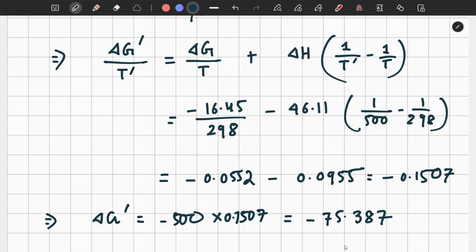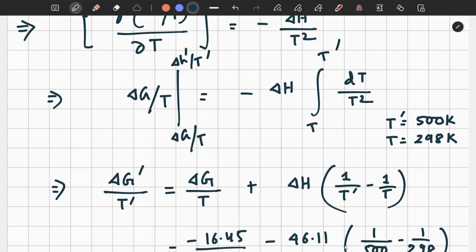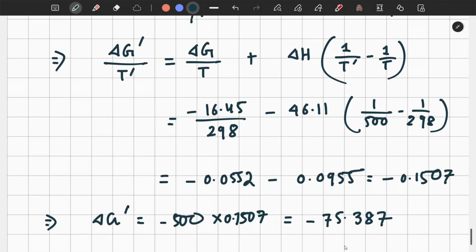So my answer is not matching. One minute, I am rechecking. The second part is minus 0.0625? You have to first check whether it is positive or negative. Now this would be positive, right?